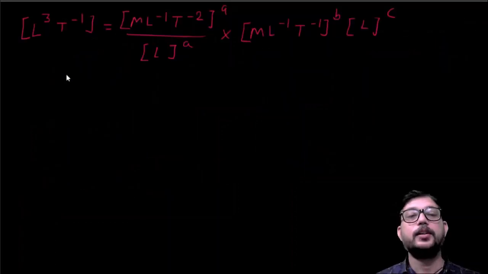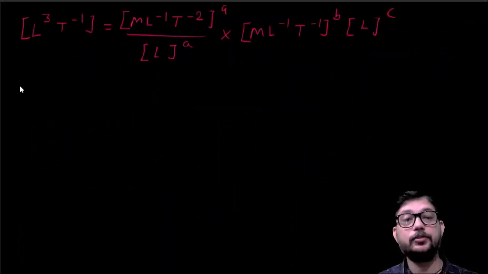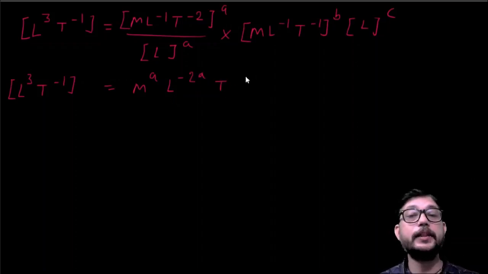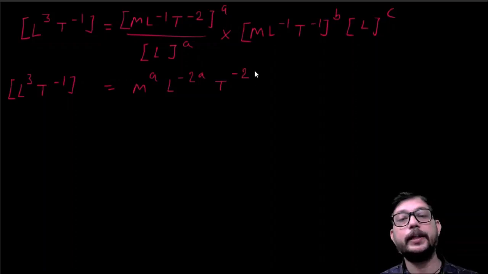Okay, now rearrange. So it will be L cube T to the power minus 1 equal to M to the power A, L to the power minus A, and this will be again minus A, so L to the power minus 2A, and T to the power minus 2A.